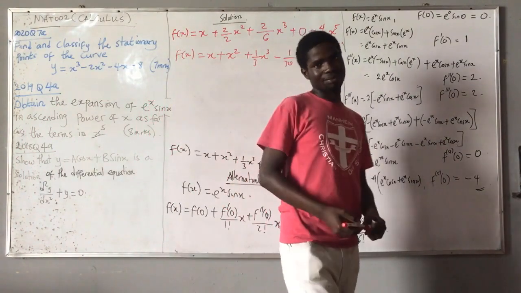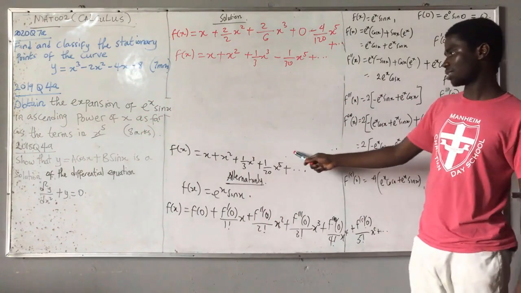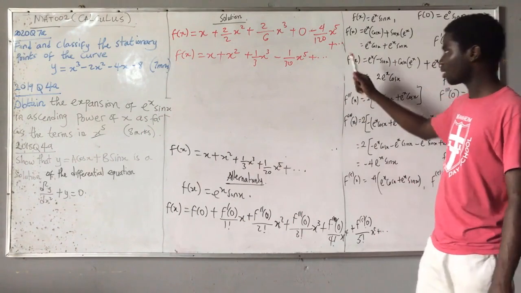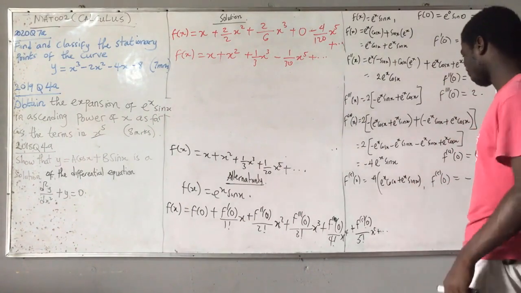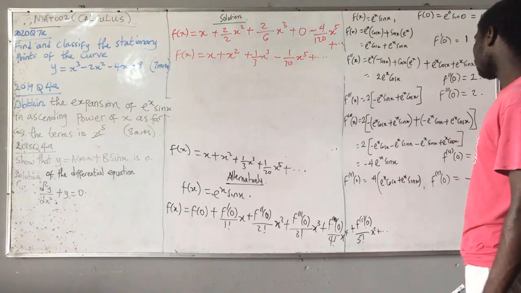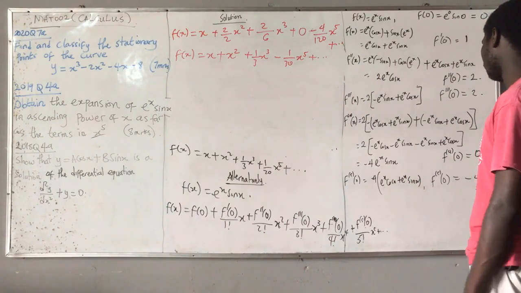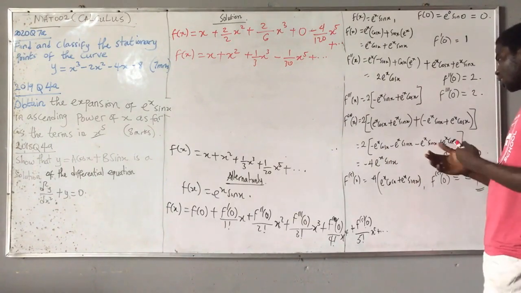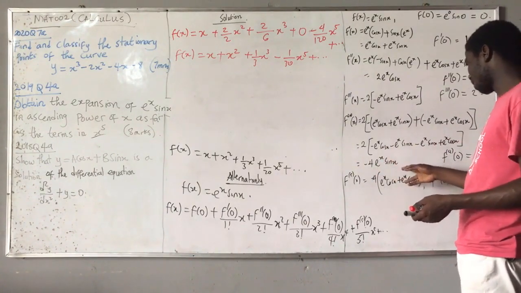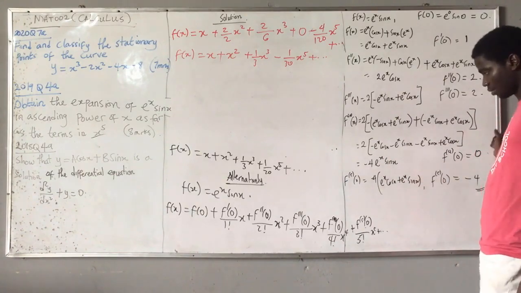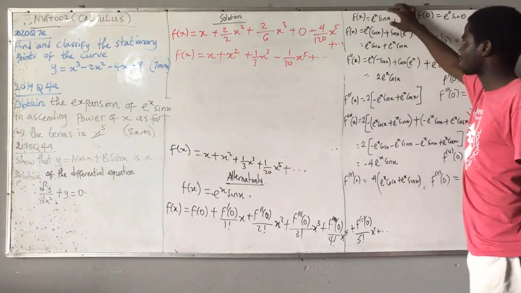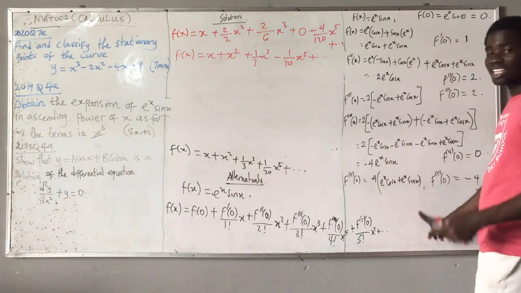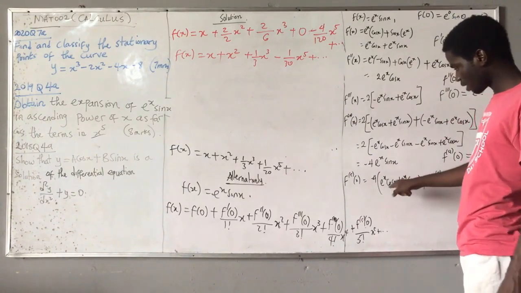Something is wrong somewhere. Is there a mistake in this place? Is this one wrong, or is my f5 not correct? Let me check. So I got f4 to be this minus this is 0, this one is minus 2, this is minus 4 e raised to power s sin s. If you put 0 here, the answer will be 0. I have e raised to power s cos s plus e raised to power s sin s. If you put 0 here, this one is 0. If you put 0 here, this one is 1.